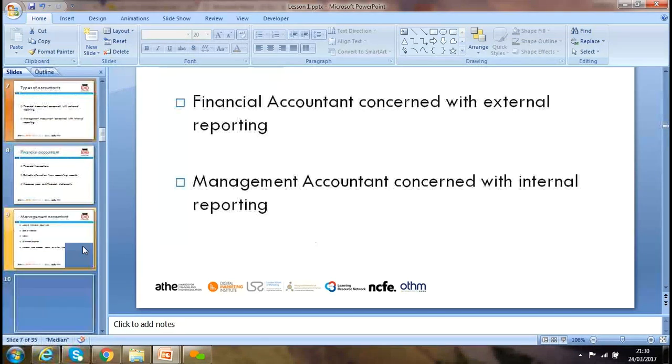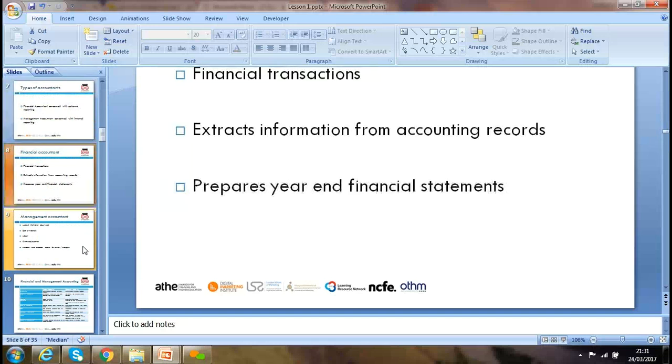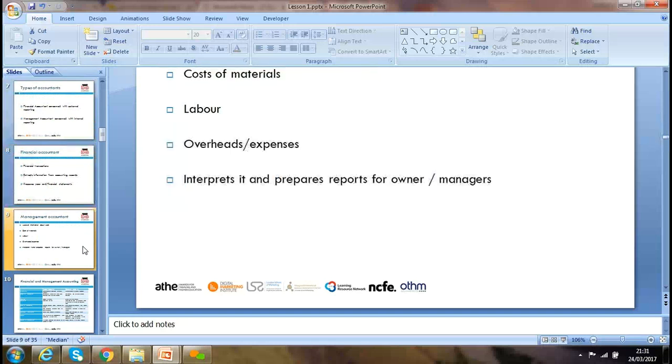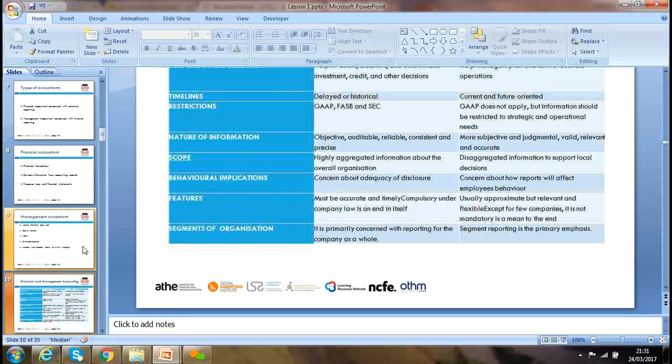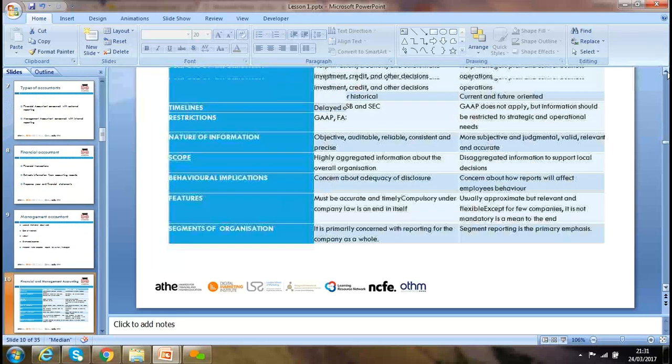Financial accounting is concerned with external reporting, and management or financial management is concerned with internal financial transactions. This is a comparison which we'll discuss.